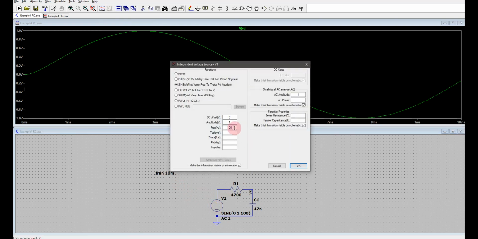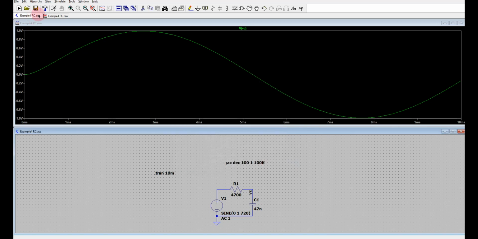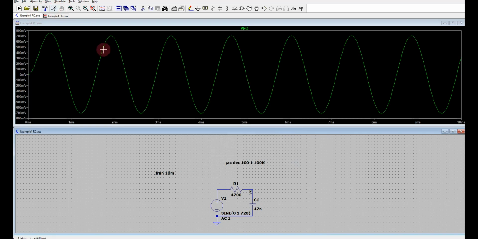Now, if I increase this frequency to around 720 and do the simulation, you will find this is around 720 millivolt, so this amplitude is almost 1 by root 2 times of 1.